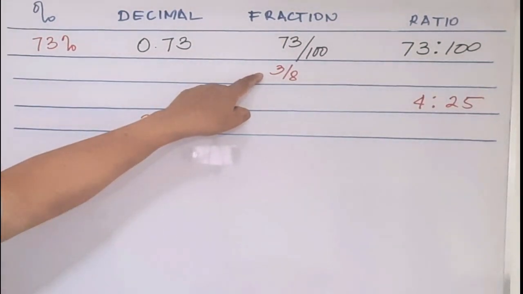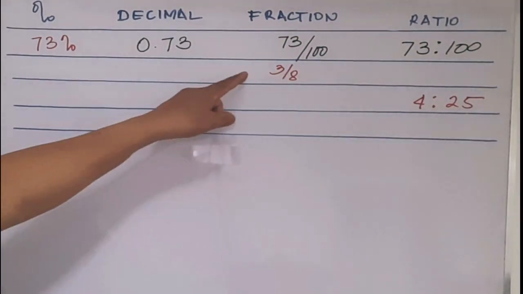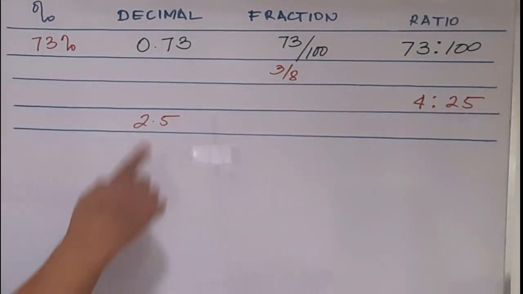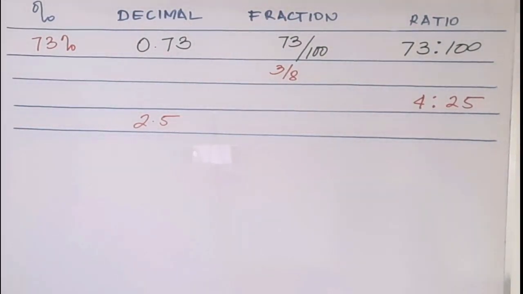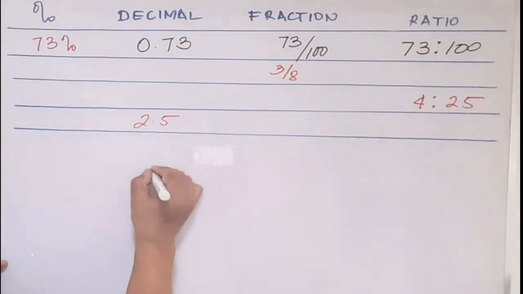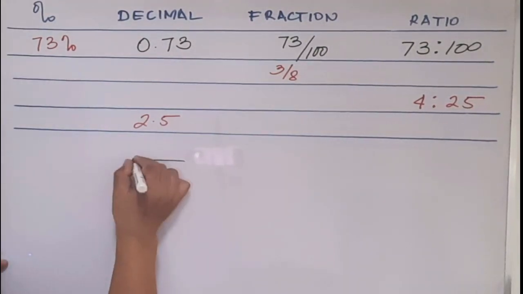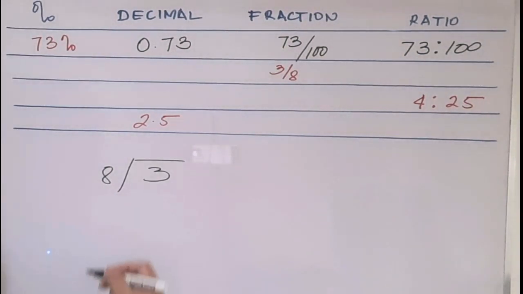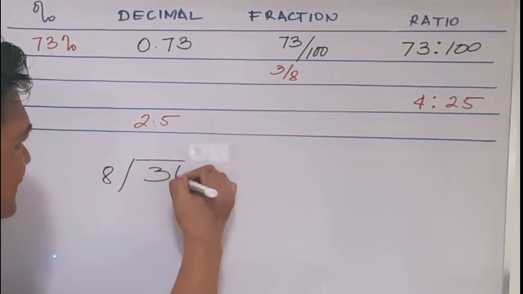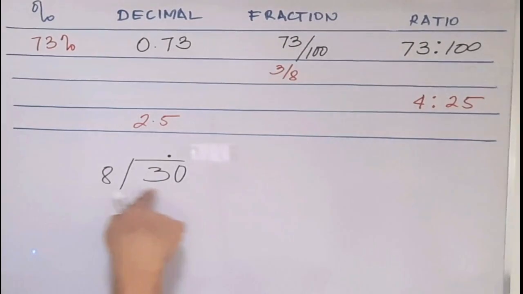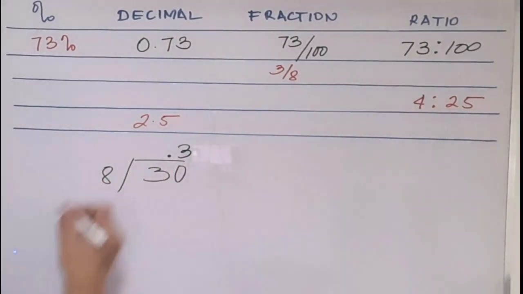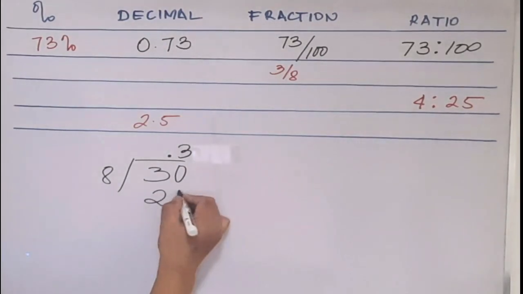Now, what about example number 2? The fraction 3 over 8. How are we going to convert this into a decimal? We use long division. That will be 3 divided by 8. 3 divided by 8 cannot be, so we add a 0 and put 30 divided by 8 is 3. 3 times 8 is 24.